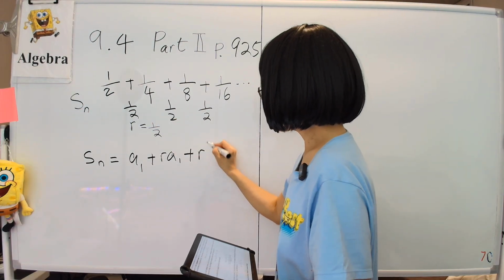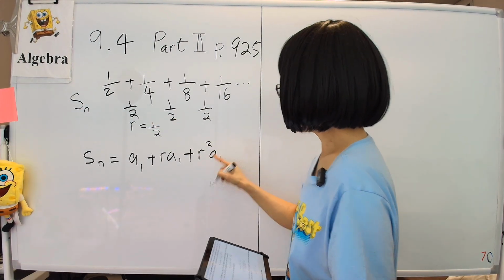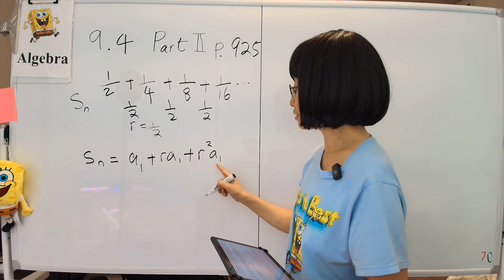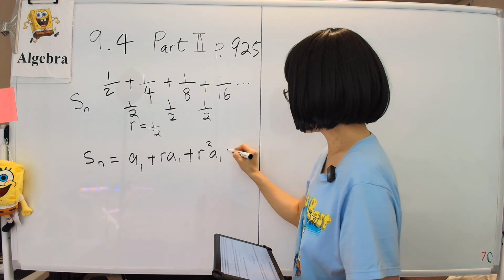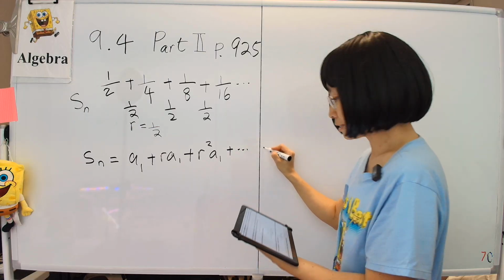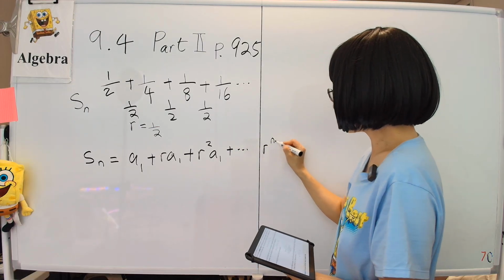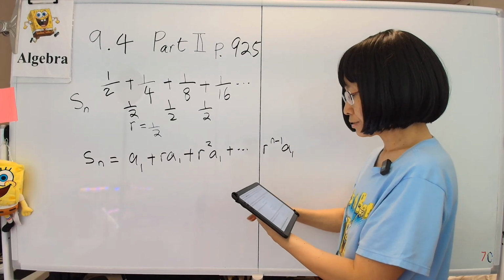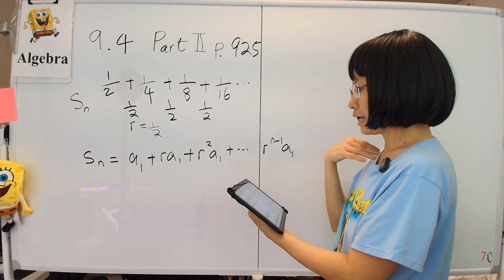Plus R squared A1, and R squared is 1/4 times A1, which is still 1/2, so that becomes 1/8. Plus, etc., all the way down to R to the power n minus 1 times A1. So that is called Sn.